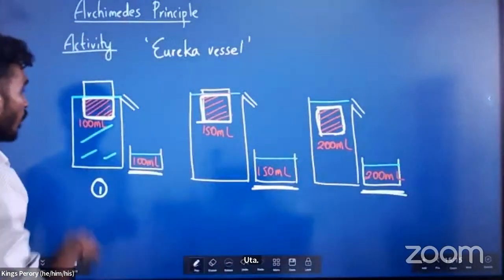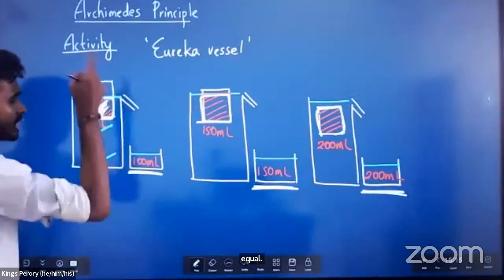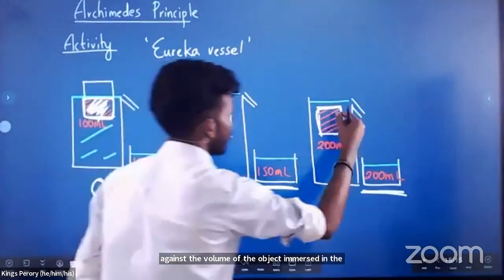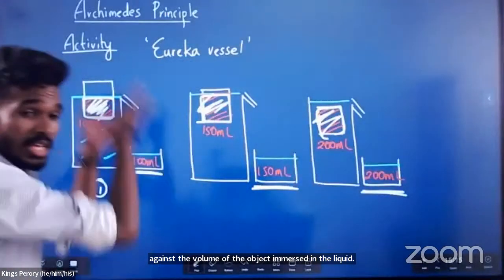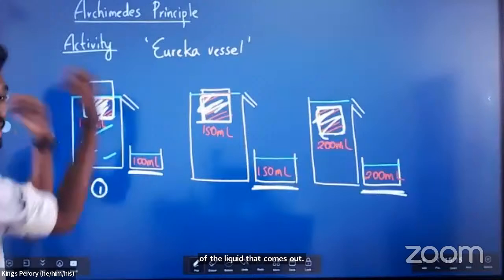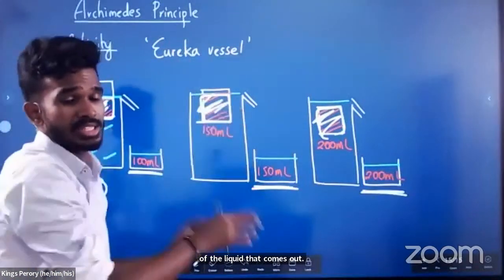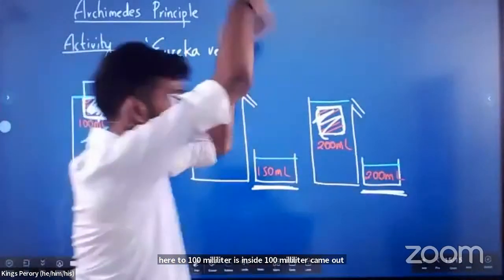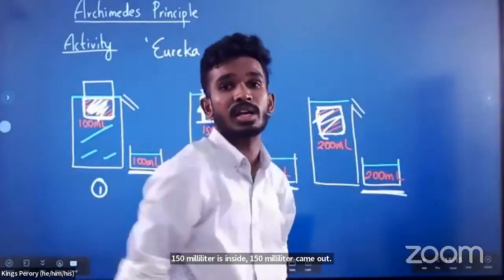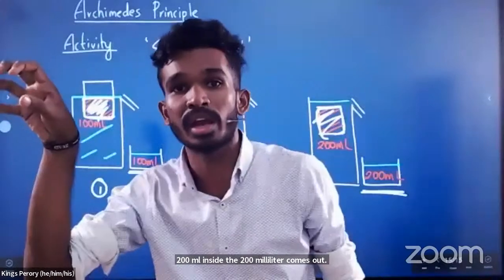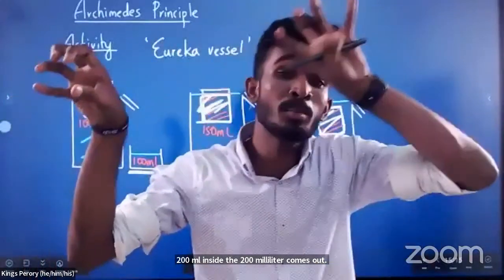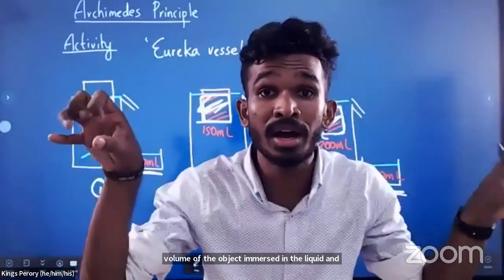Again see, here 200 milliliter is inside, 100 milliliter came out. 150 milliliter is inside, 150 milliliter came out. 200 milliliter inside, 200 milliliter comes out. Volume of the object immersed in the liquid and volume of the liquid that comes out are equal.